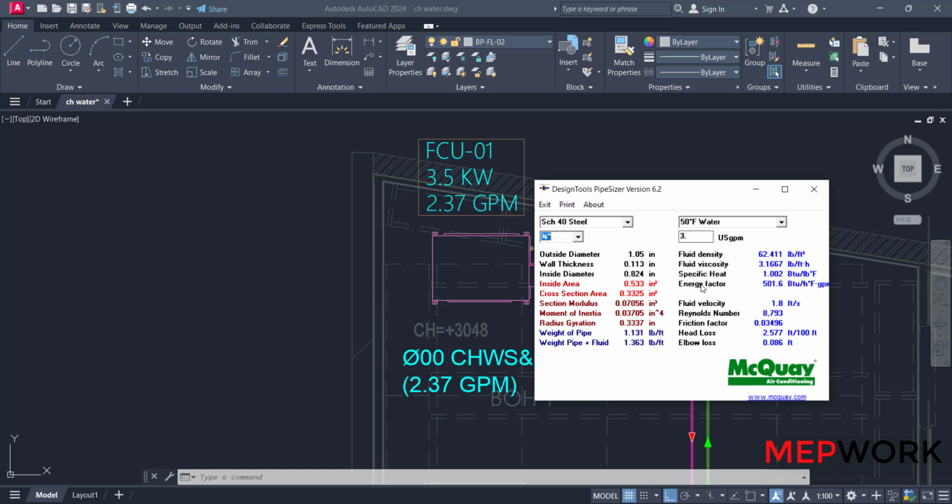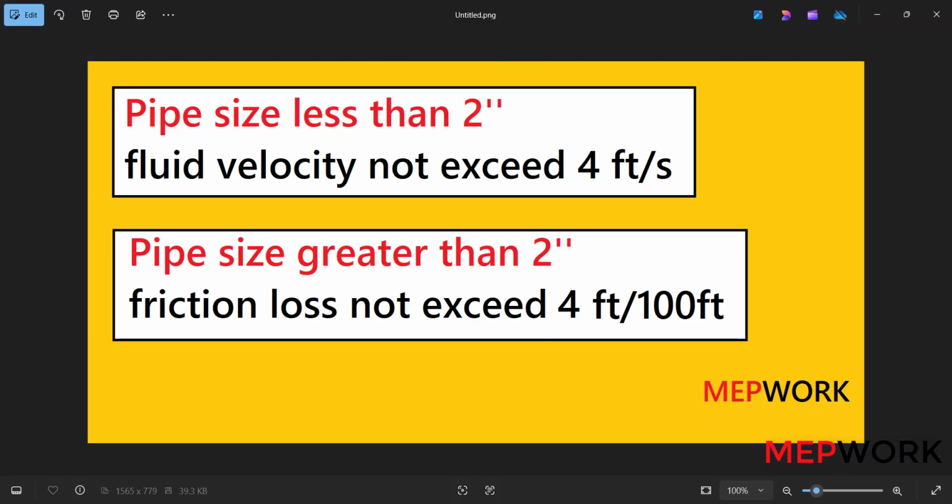But important things you must take into consideration are the fluid velocity and the head loss. From ASHRAE recommendation, for pipe size less than 2 inches, the fluid velocity shall not exceed 4 feet per second.